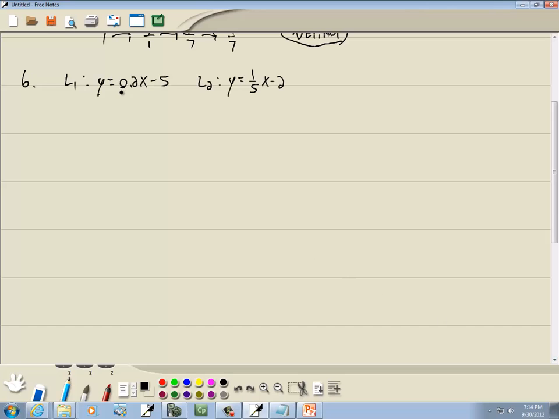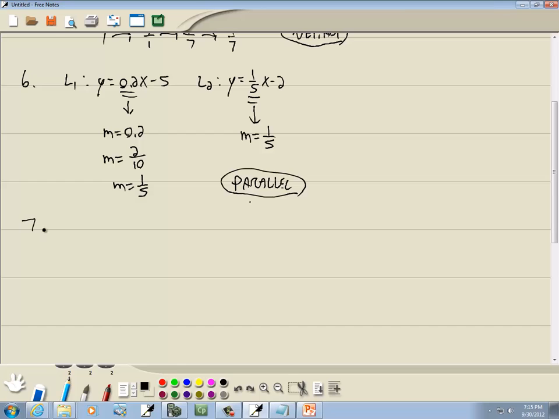Well, on our first line here, our slope is what's before our x, which is 0.2, and if I were to write that in fraction form, it ends in the tenths place, so this would be 2 over 10, or 1/5. The slope of the other one, again, it's in slope-intercept form, the slope is just whatever's before our x, it's 1/5. Well, these are both the same, aren't they? Parallel lines have slopes that are the same, so these are parallel.